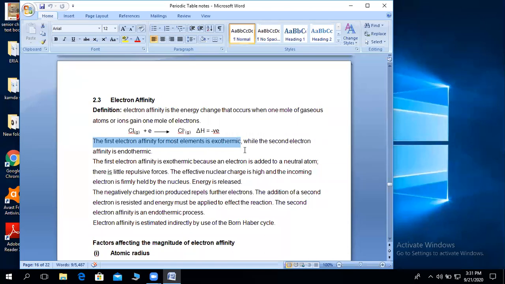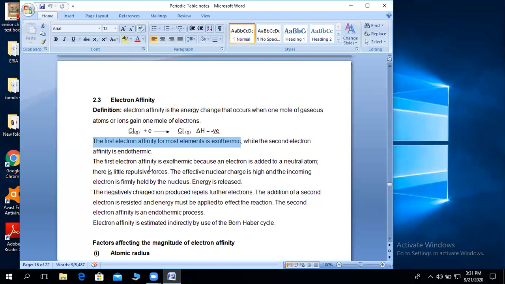But when that atom has gained the first electron, then the incoming electron, remember all the electrons are negatively charged, is going to be repelled by the already existing electron that was attracted. So for second electron affinity, we need a lot of energy for that electron to be added.